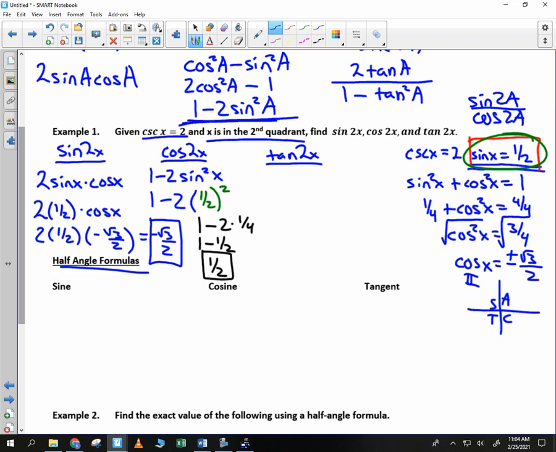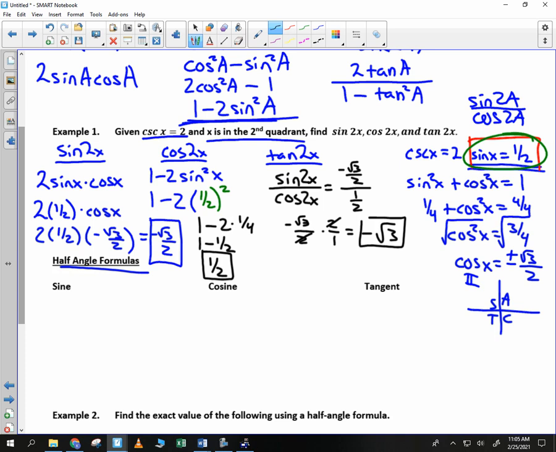That's the cosine of 2x. Tangent of 2x, you simply take sine of 2x and divide it by cosine of 2x. Sine of 2x is negative root of 3 over 2, and cosine of 2x is 1 over 2. I will multiply by the reciprocal, negative root of 3 over 2 times 2 over 1, and I get negative root of 3.